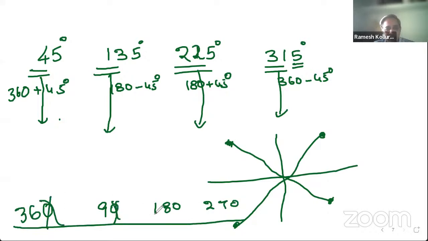Ignoring the last digit, we are going to see the divisibility by 4, remainder 0, 1, 2, 3. Similar technique we are going to use. Can anyone guess? I need answer input from students also.